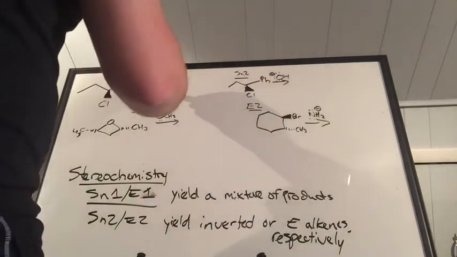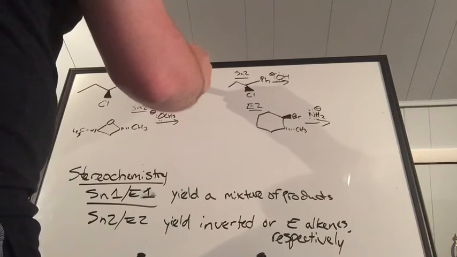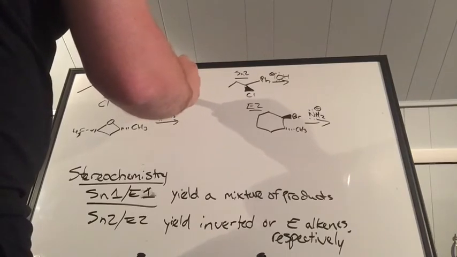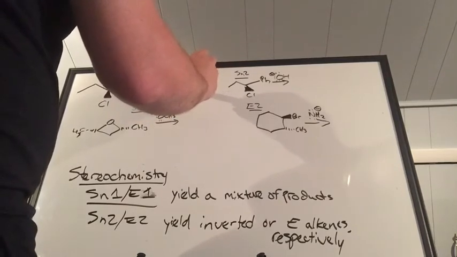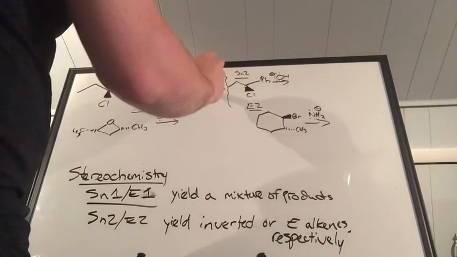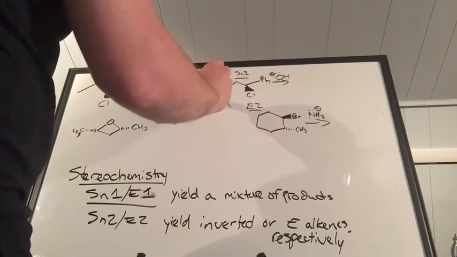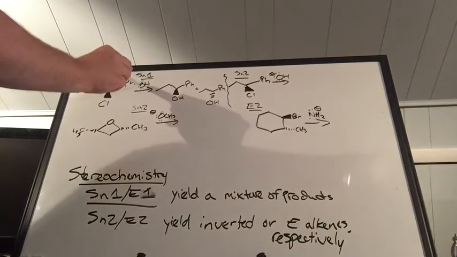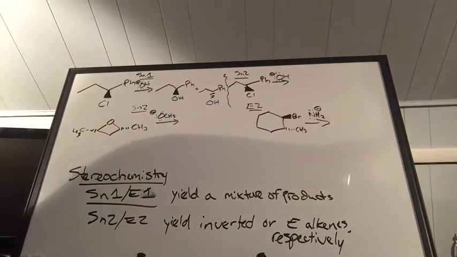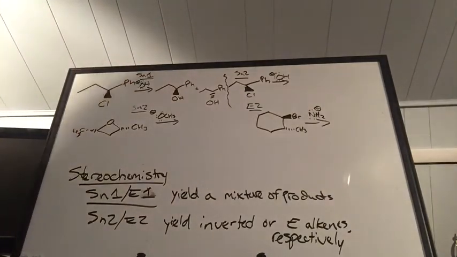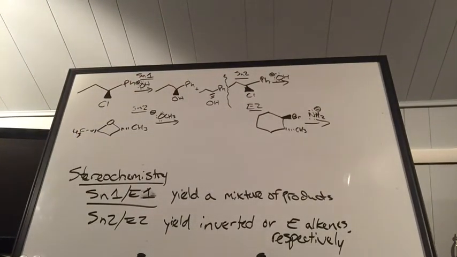So in other words, you're going to see a mixture of R and S products. Okay? So in other words, there's a 50-50 chance that that OH is going to coordinate on either side of that carbocation intermediate.